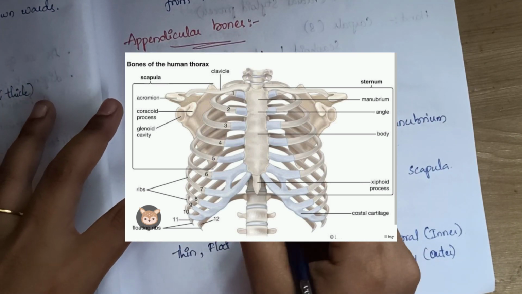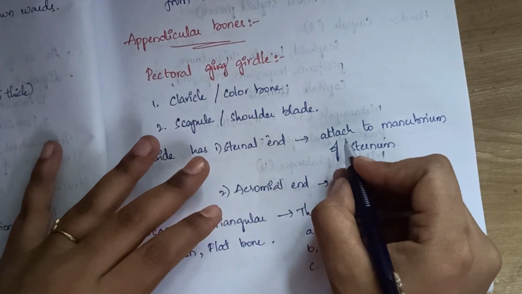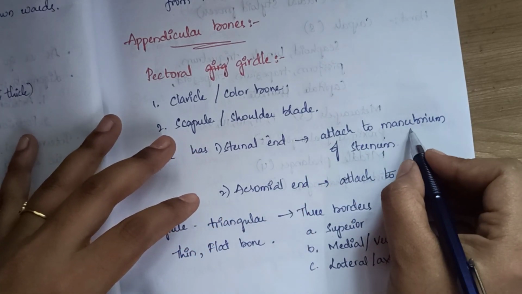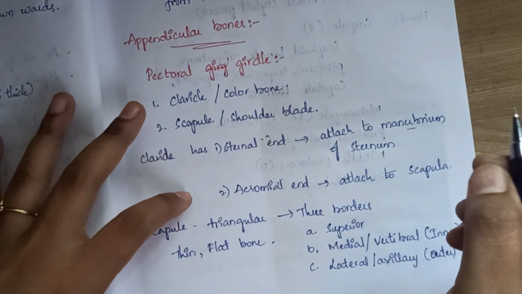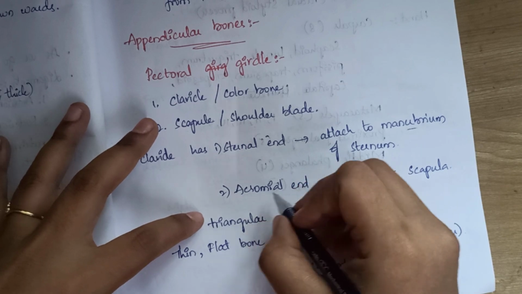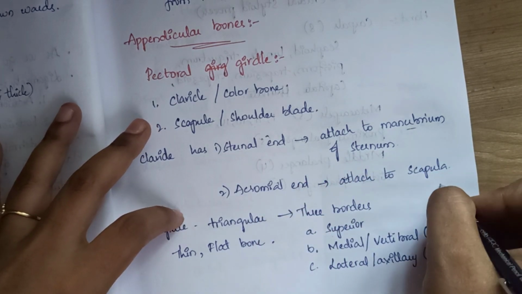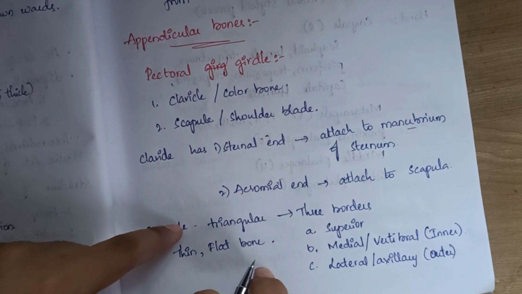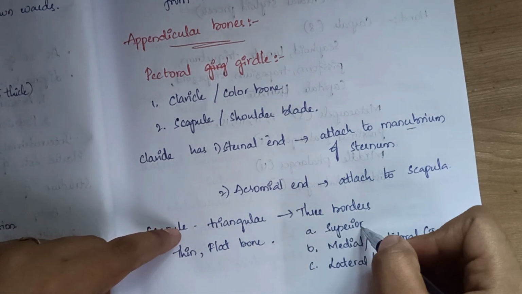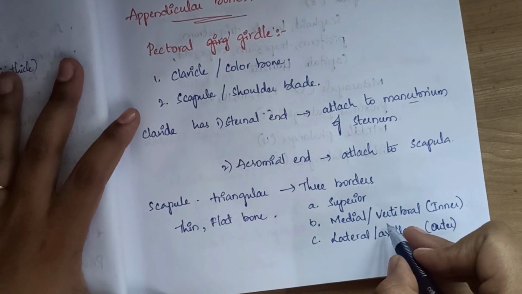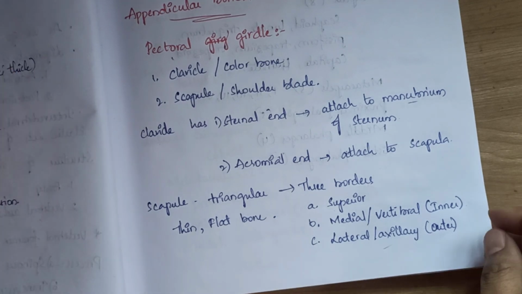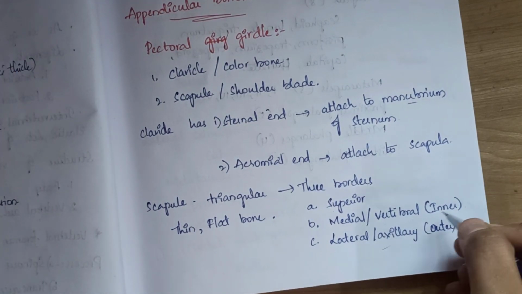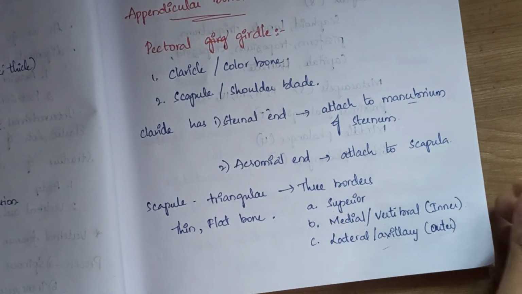The clavicle has a sternal end which attaches to the sternum at the manubrium, then an acromial end which attaches to the scapula. The scapula is a triangular, thin, flat bone with three borders: superior, vertebral and lateral. The vertebral is the inner side, the outer one is the axillary or lateral side.